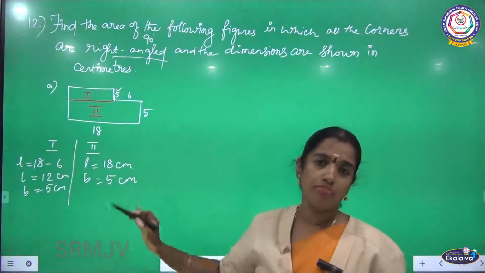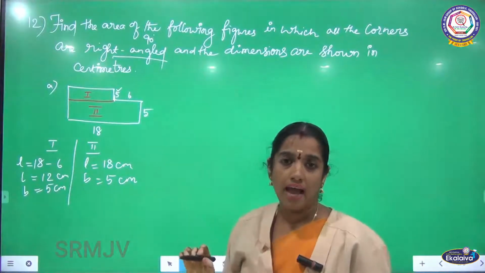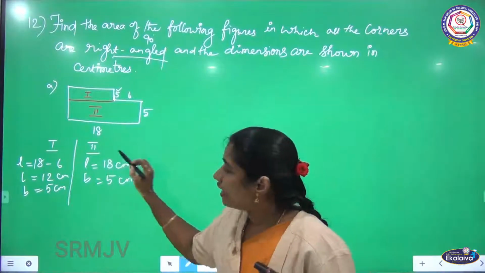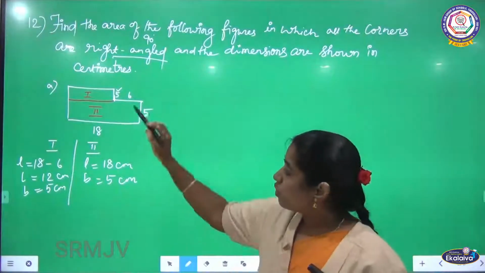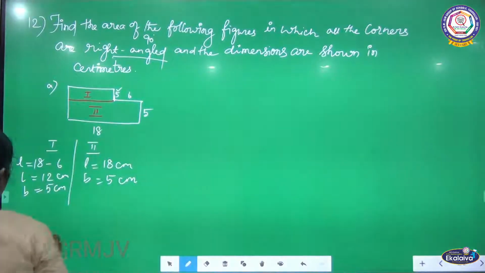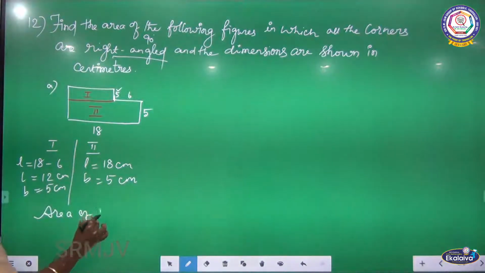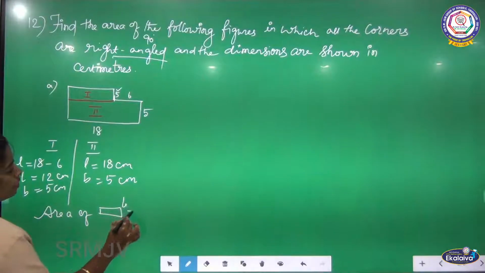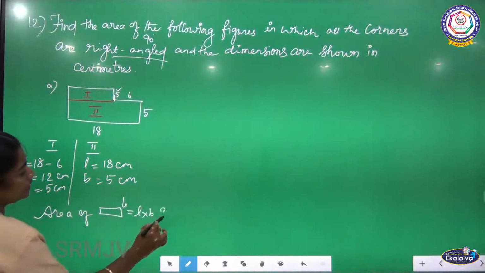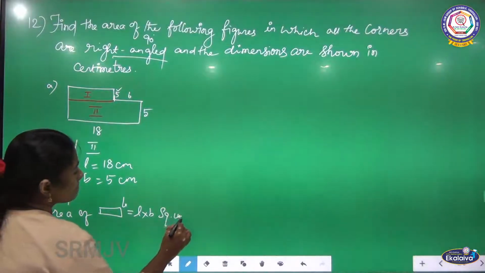Now I am going to find out the area for this figure by adding area 1 and area 2. Actually what shape it is? A rectangle. So I am going to substitute the rectangle formula, which is what? Area of rectangle is equal to length into breadth square units. Got it?